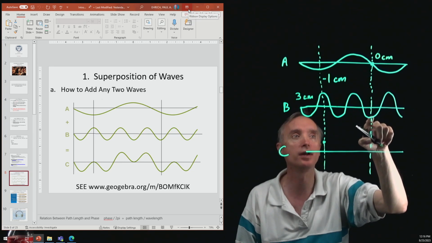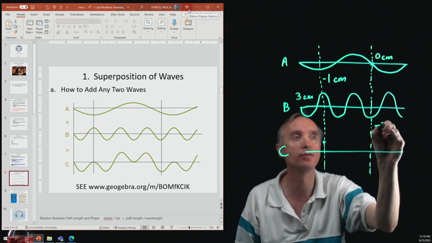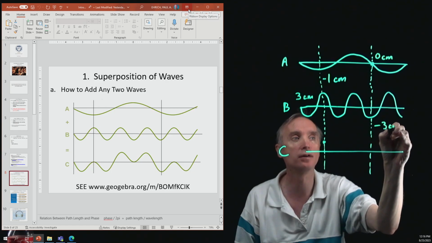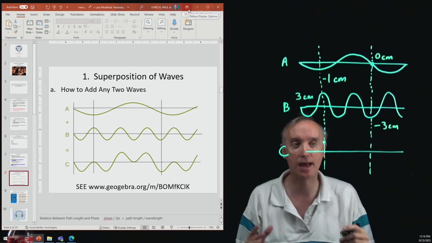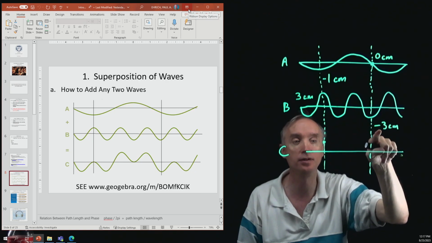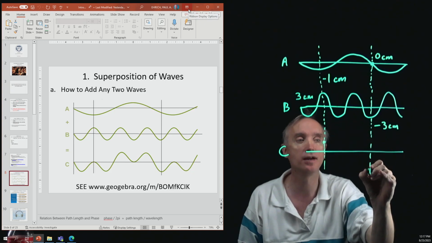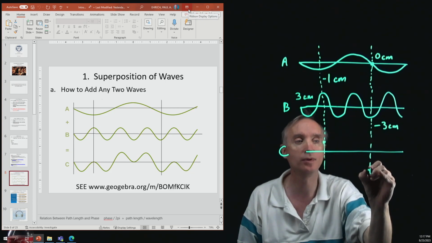And now this one down here looks to me as though it's like a negative 3 centimeters. So we're going to add the two together. So 0 plus negative 3 is negative 3. That means I need to go down 3 centimeters and again put a dot.